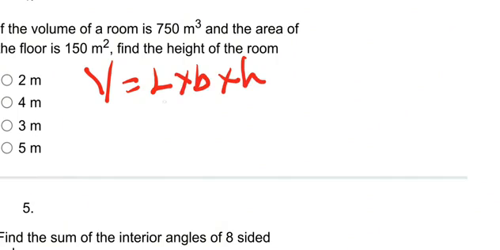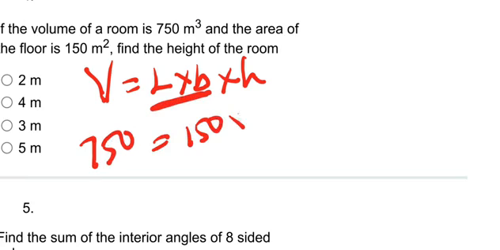As you know, length times breadth is the area of a rectangle, and a cuboid has rectangular faces. And volume of a prism is the base area multiplied by the height. So in this case, we've been given the area, which is length times breadth, and the volume, which is 750. Then the area, which is length times breadth, is 150 multiplied by H. So we are looking for the height.